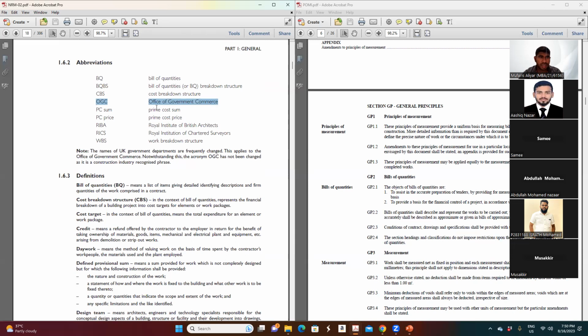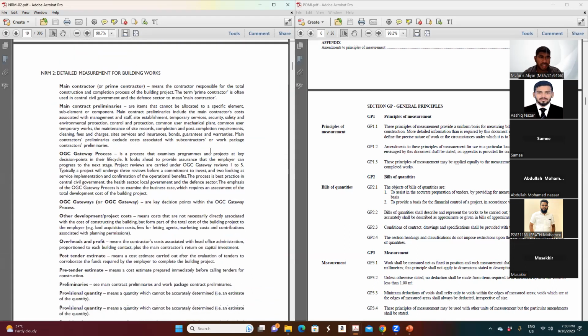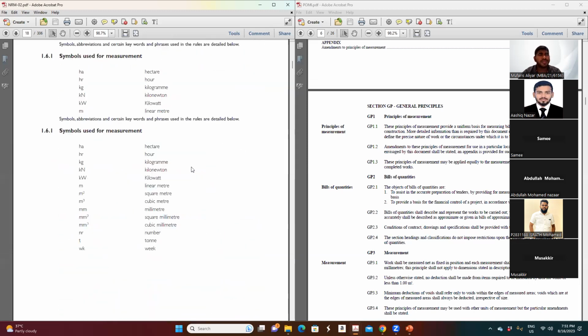See that? Office of Government Commerce. It might be an entity in the UK. Here is OGC, a process of examining programs, projects, key decision points, their life cycle. So it's kind of an entity. You don't need to spend much time on that.